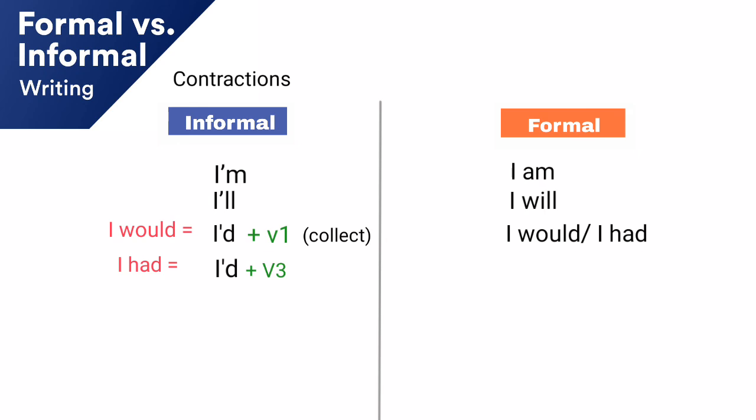It would be would only. I would collect, because with would we always use the first form. Okay. And if I write here collected, it would not be would. It should be had because collected is the third form and had is always used with the third form. And you can't put the third form directly with would.